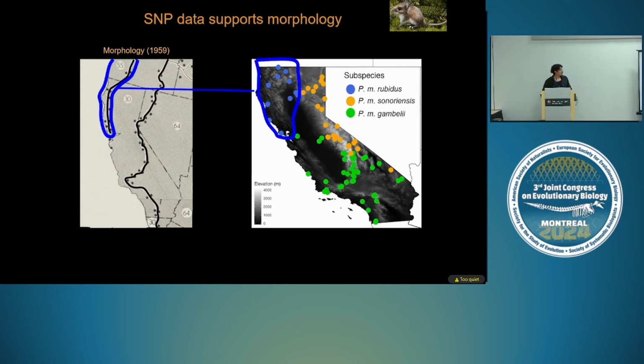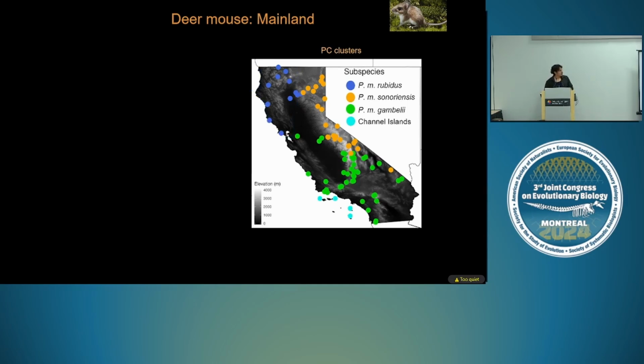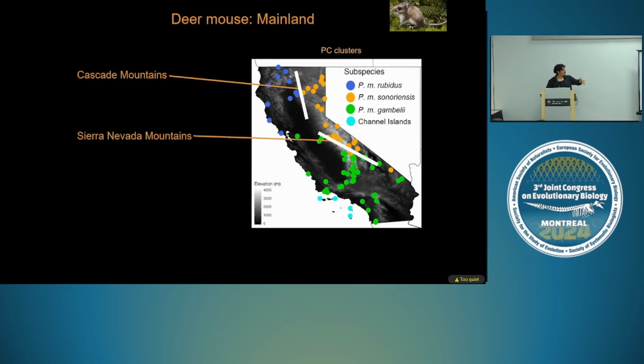So we're left with this really nice picture where in the north, rubidus and Sonoriensis are separated by the Cascade Mountains. Further south, we see that levels of admixture positively correlate with increasing elevation across the Sierra Nevada mountain range, suggesting that this mountain range represents a barrier between these 2 subspecies and a point of contact between them.